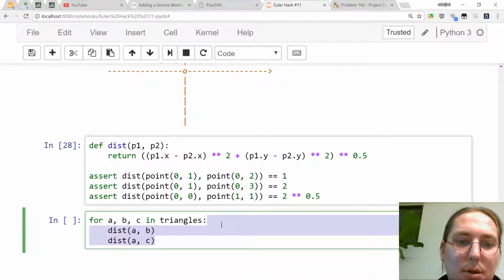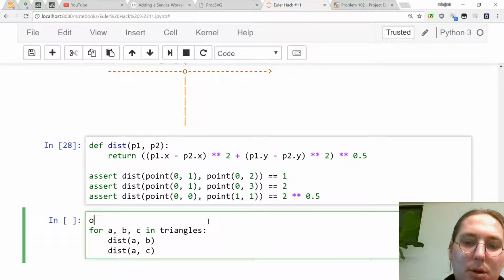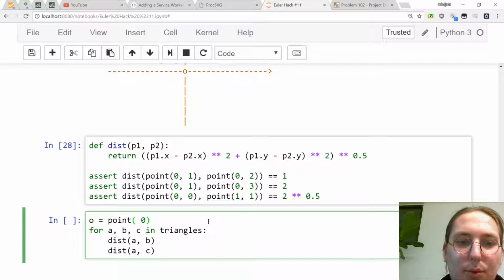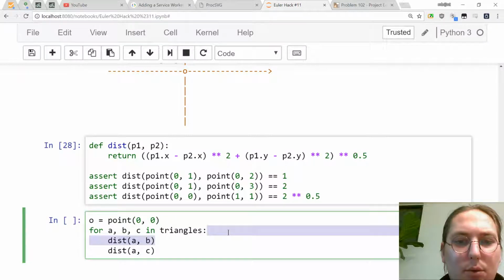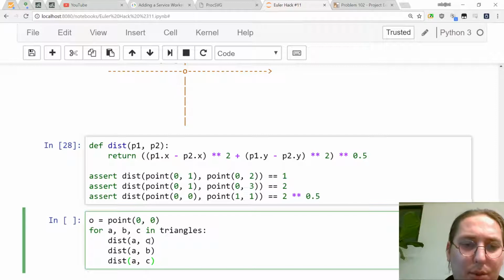And to the origin, I guess we can just do origin O. My computer is not reacting. There we go. So we want the distance to the origin and to the other points.